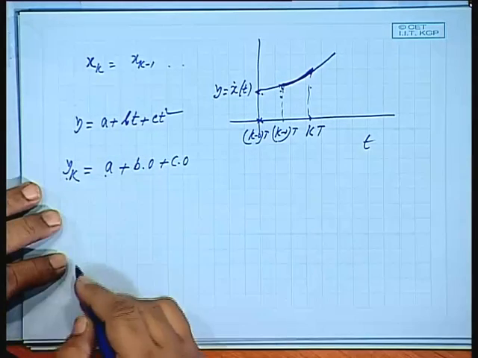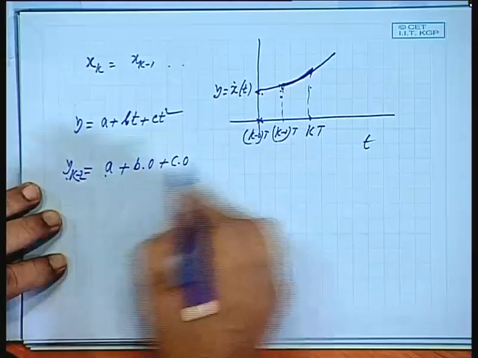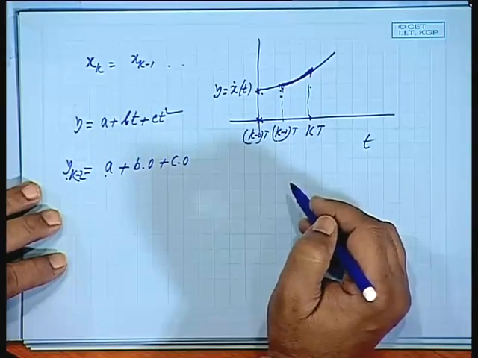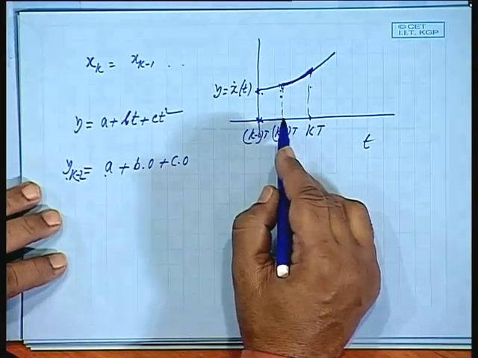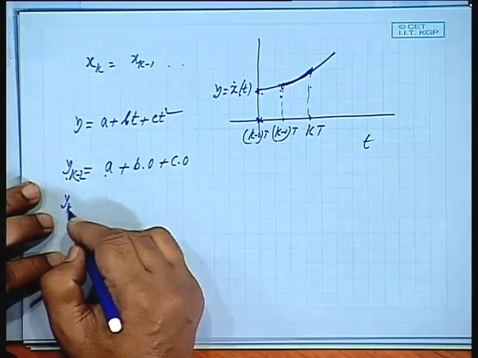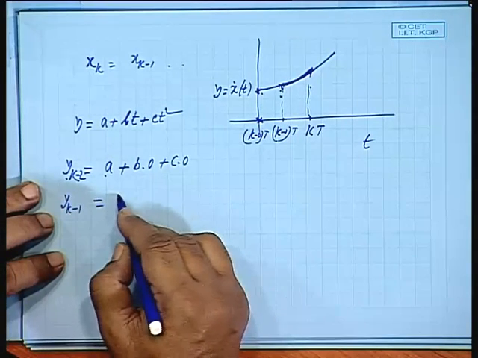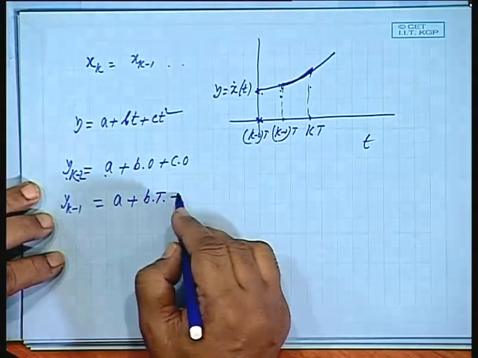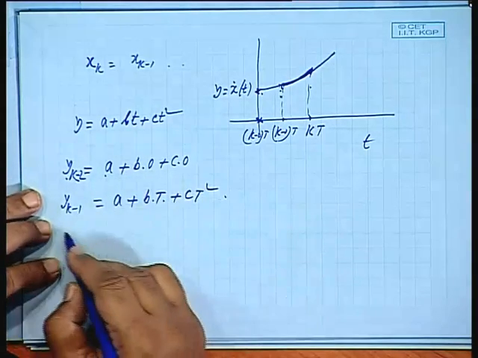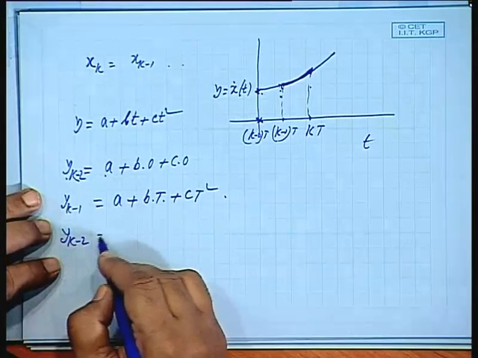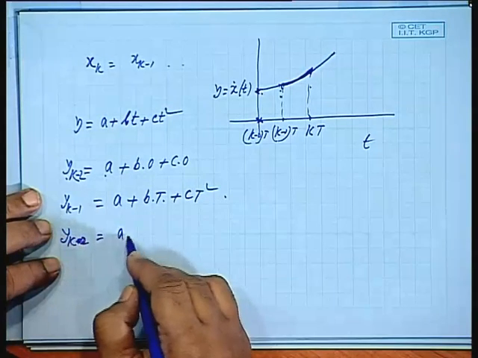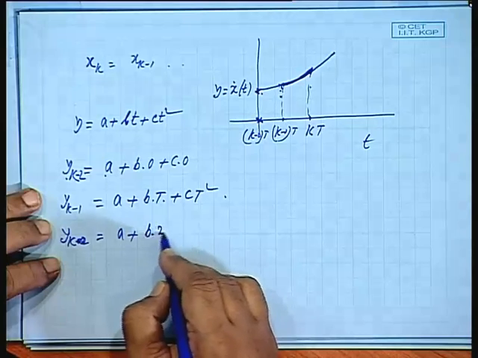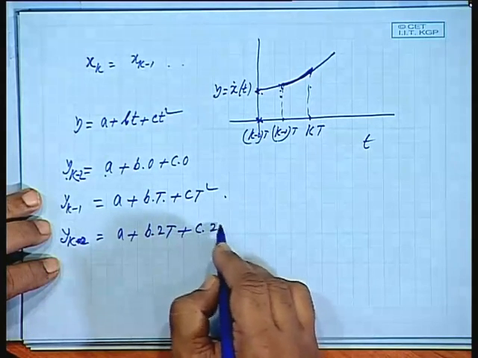So, a is equal to y k minus 2. y k minus 1 is equal to a plus b into t plus c into t squared, and y k is equal to a plus b into 2t plus c into 2t squared.